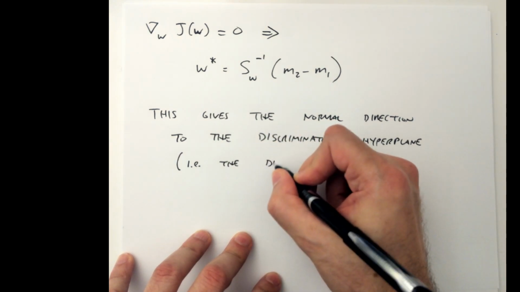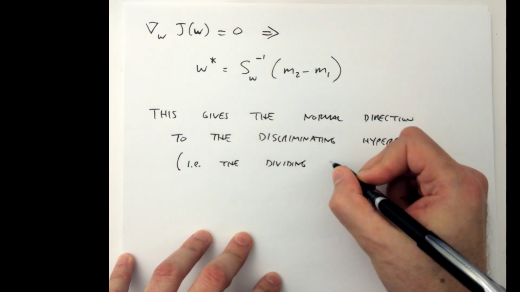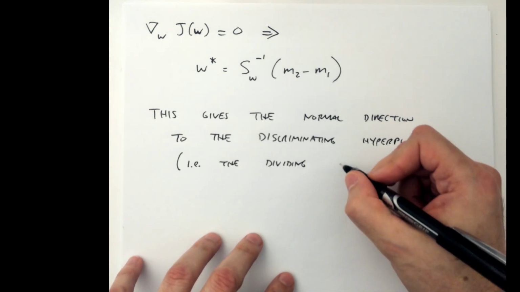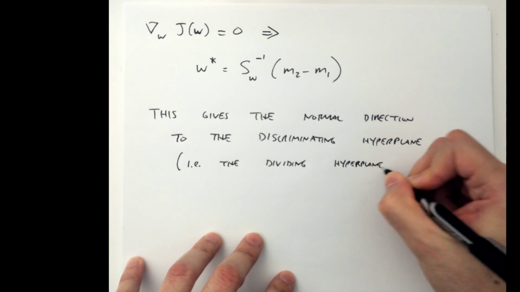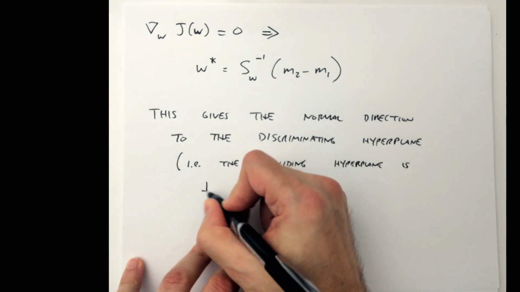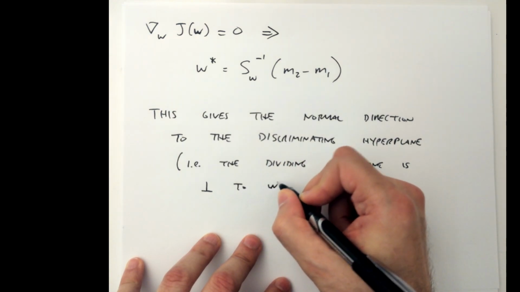More explicitly, the dividing line is perpendicular to W, right?